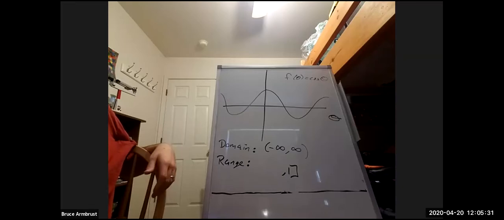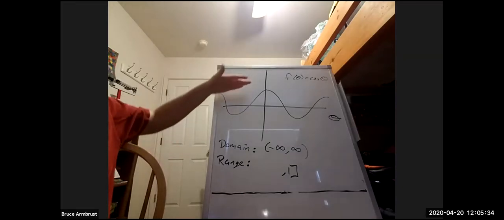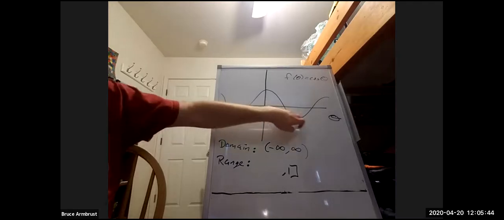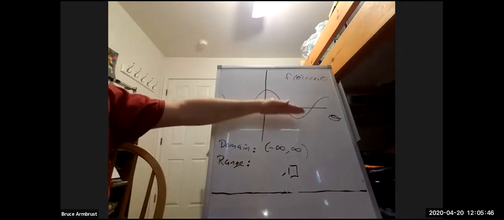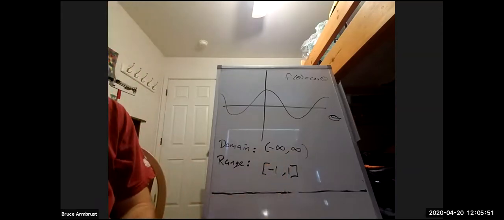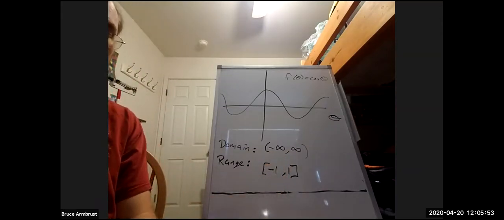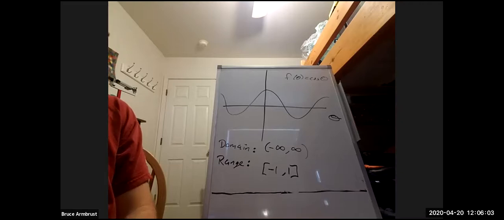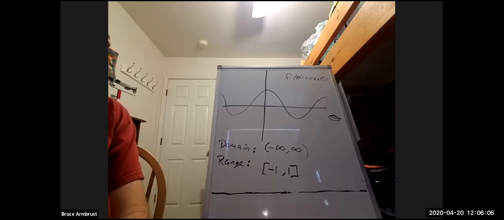So then similarly, the lowest point is going to be in one of these dips. We call it a trough. But if we're at one of these dips, that's as low as we're going to go. Yes, it gets repeated, but that lowest y value is actually -1. So even though we can plug in anything, we can only get out numbers between -1 and 1. All right, so for cosine, there's our domain and our range.